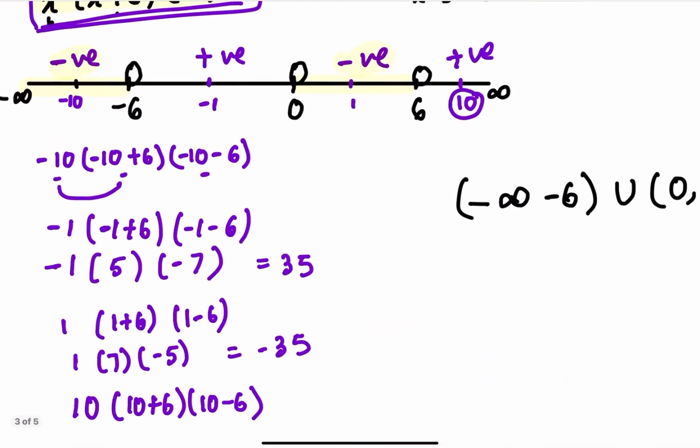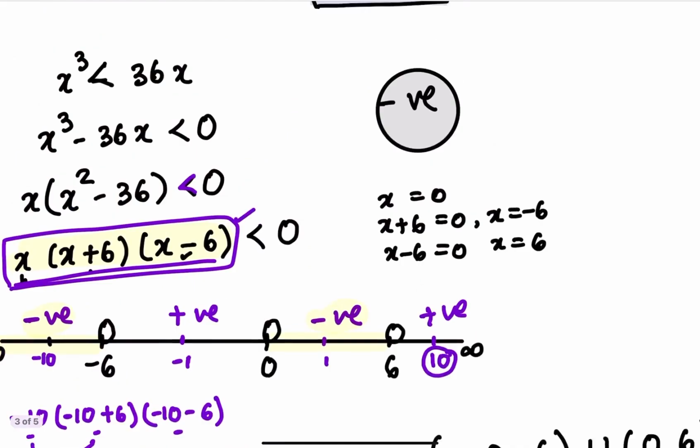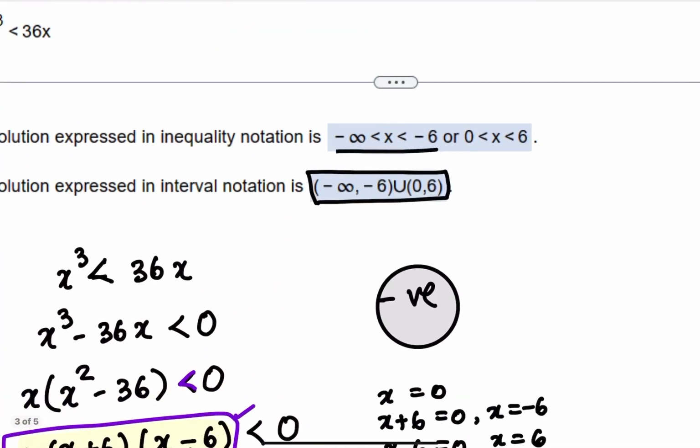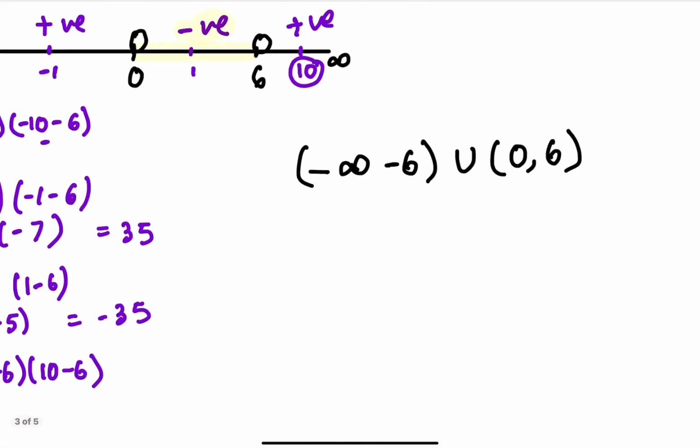And how do you write that in terms of x? Here they also ask you to write it in terms of x. So that means your x is between negative infinity and negative 6, or your x is between 0 and 6.